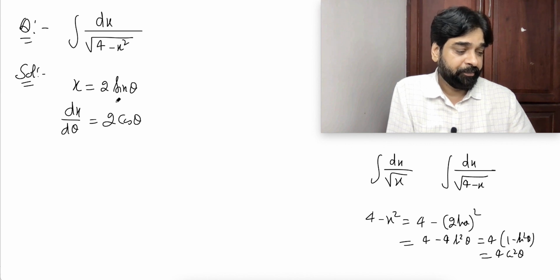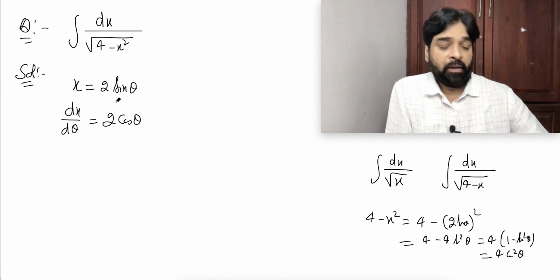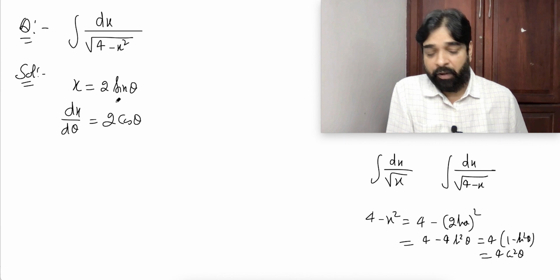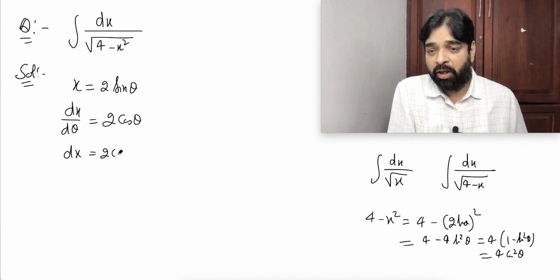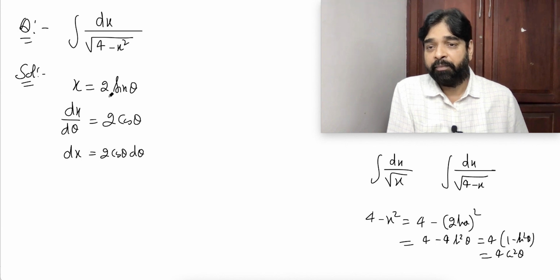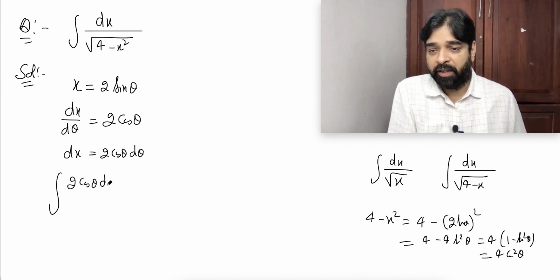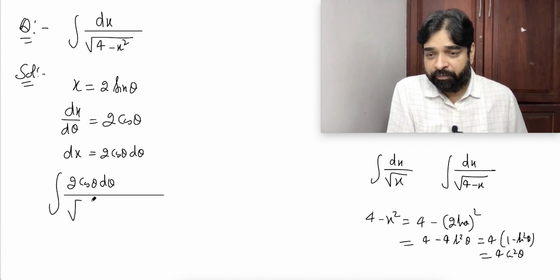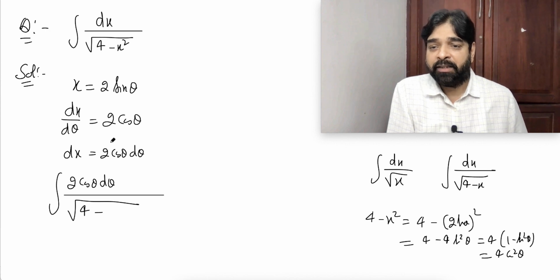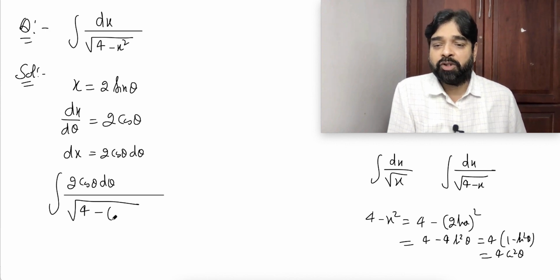Have you understood? So dx equal to 2 cos theta d theta. Put it there: you will get 2 cos theta d theta divided by root of 4 minus (2 sine theta) the whole square.